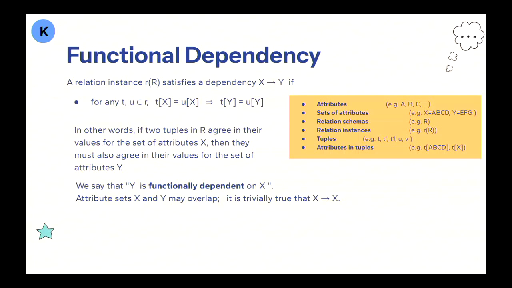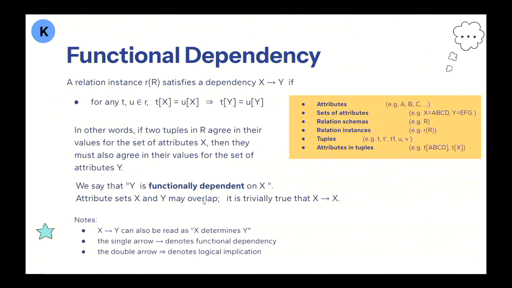So this is very trivial, and this could also be read as X determines Y, so Y is functionally dependent on X. The single arrow here denotes functional dependency, and the double arrow here is the logical implication, which could be translated into natural language as if-then. So if something here, then something here.